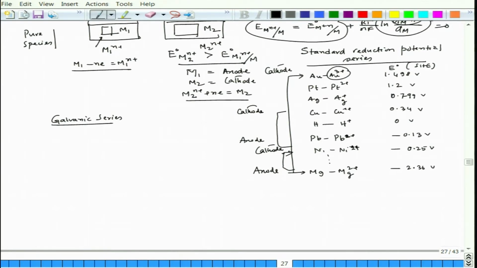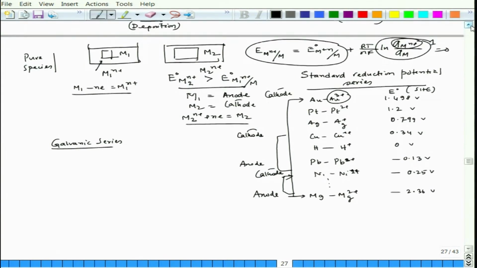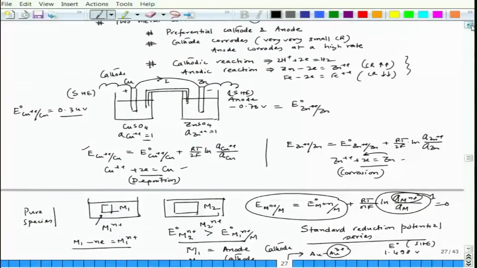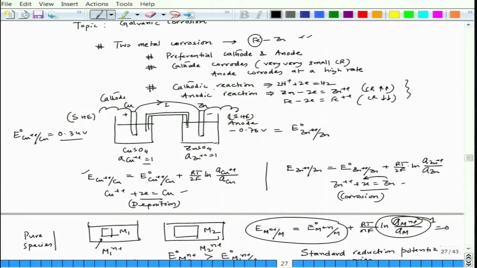So, galvanic series, how? It starts with this particular discussion of cathodic reaction and anodic reaction. Cathodic reaction is always this, even if iron remains cathode. Why do we say this? Because wherever cathodic reaction happens, it is basically cathode, but that does not mean that that particular metal will have a cathodic reaction.